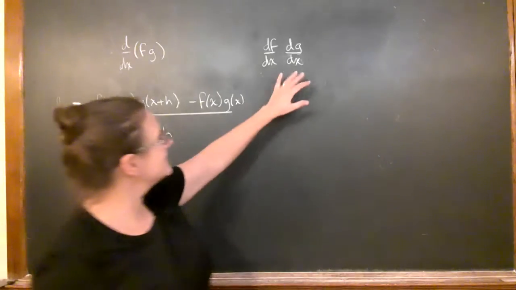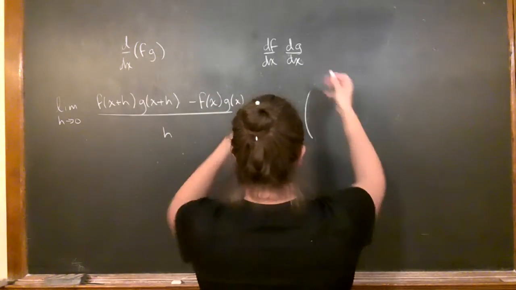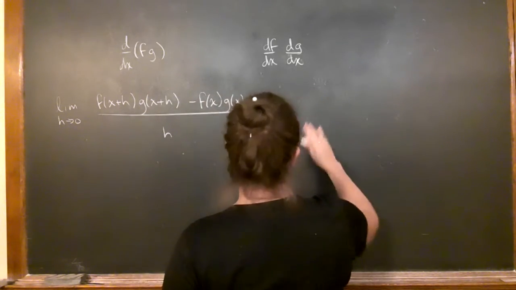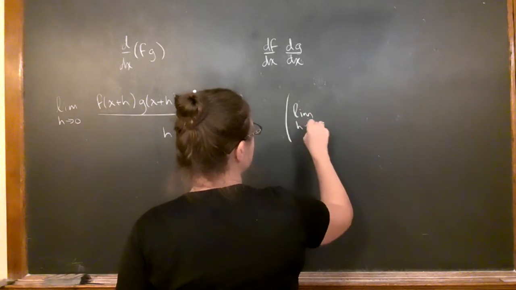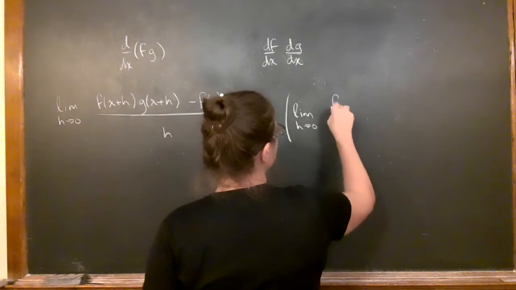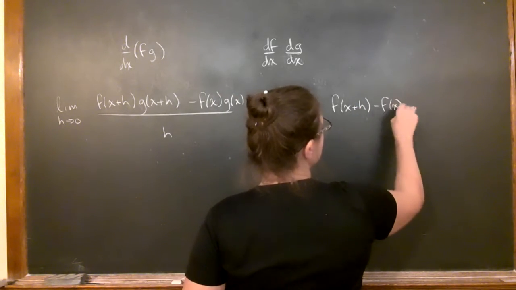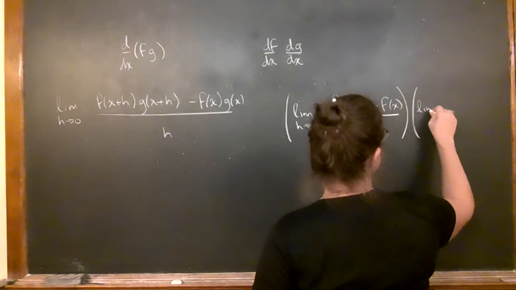Whereas if I write down the product of the derivatives, it's two different limits, two different expressions. One of them looks like this, and the other is the g one.